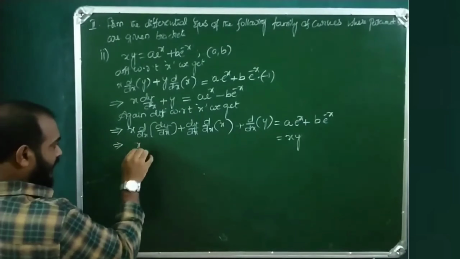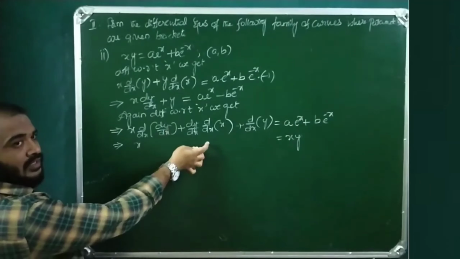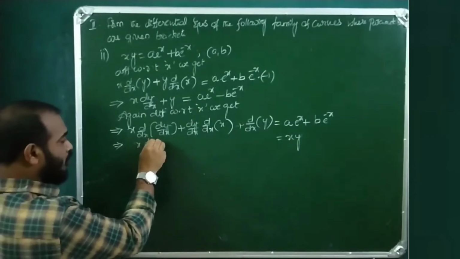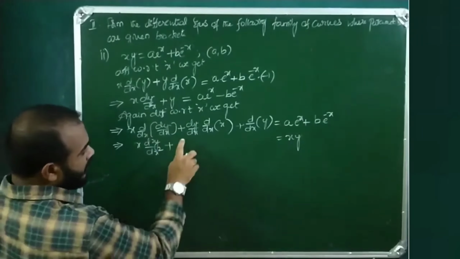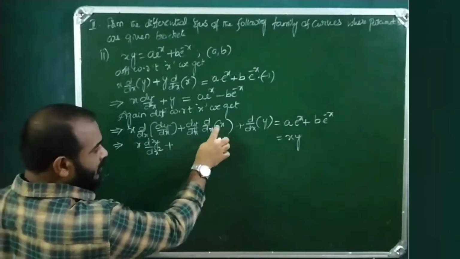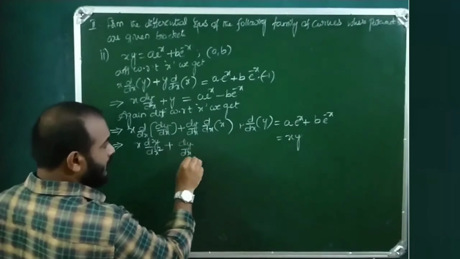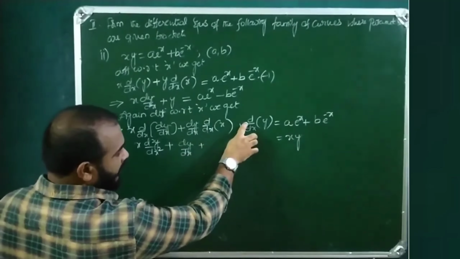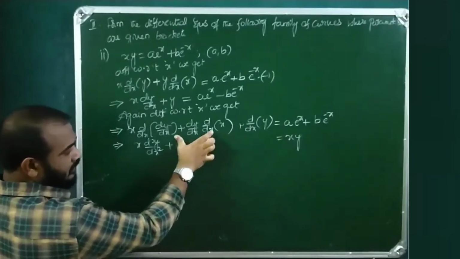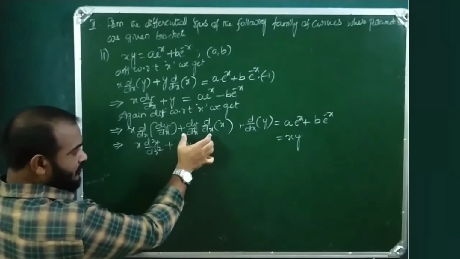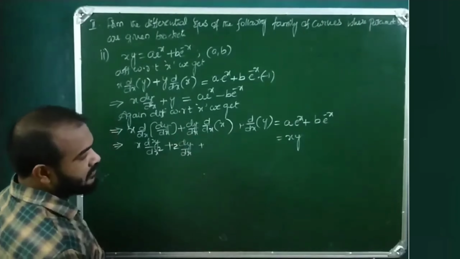Now, this is x d/dx of dy/dx. First order derivative of the first order derivative is the second order derivative, d²y/dx², plus d/dx of x is 1. So this is dy/dx plus d/dx of y is dy/dx. dy/dx into 1 is dy/dx plus dy/dx, 2 dy/dx.